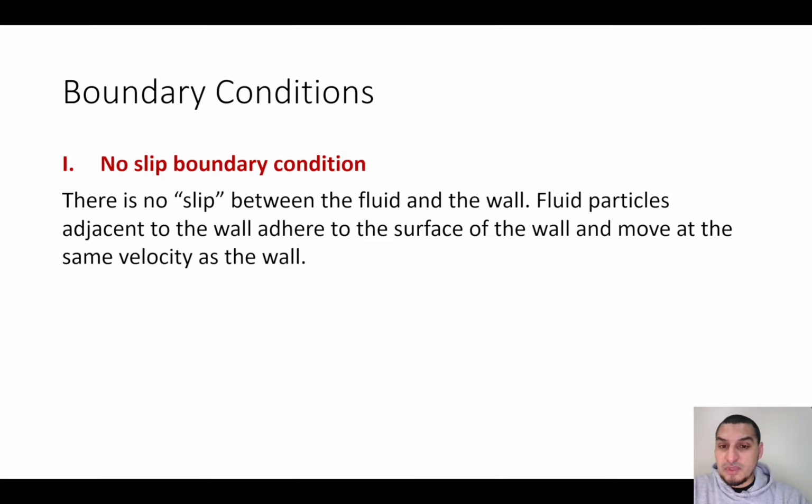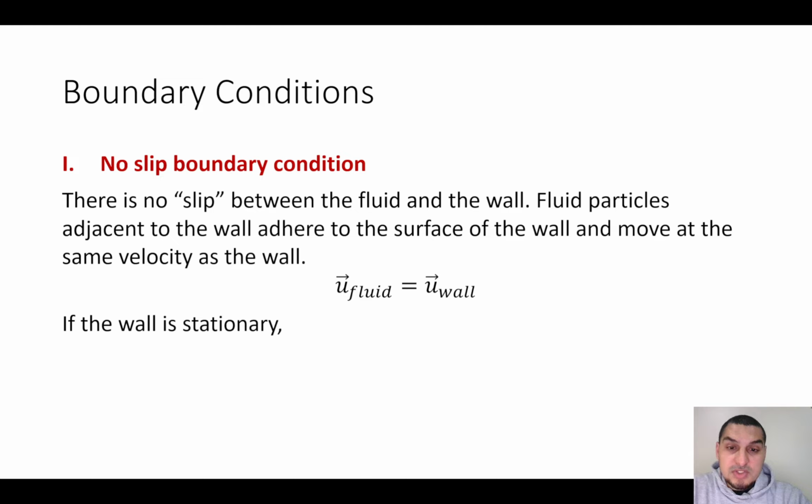So if the surface is moving with a velocity u, then the velocity of the fluid is the same as the velocity of the wall. If the wall is stationary, then the wall velocity is zero, and so the velocity of the fluid is zero. So this is a very simple thing, and this is something we know from before.